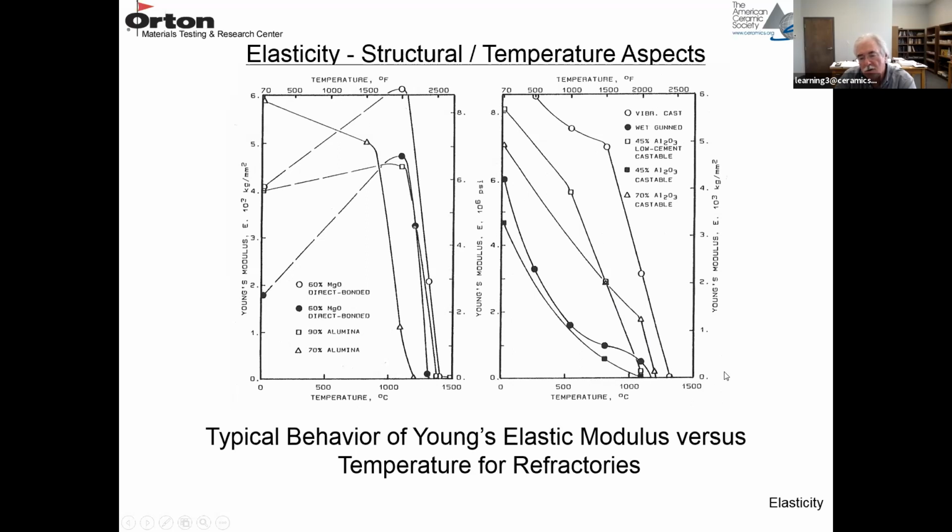And if you continue to higher temperatures for these materials, this would turn around and the strength and the modulus would start to increase. And that's because you're starting to form a ceramic bond. So these materials were measured probably just below the temperature where they're forming the ceramic bond by sintering. So if this was continued to higher temperatures, you'd see a rise again in the elastic properties. So that's a typical fired refractory and a typical monolithic unfired refractory as a function of temperature.